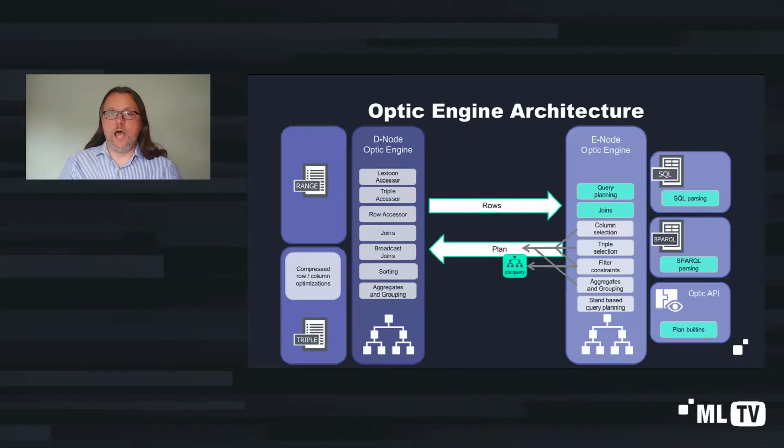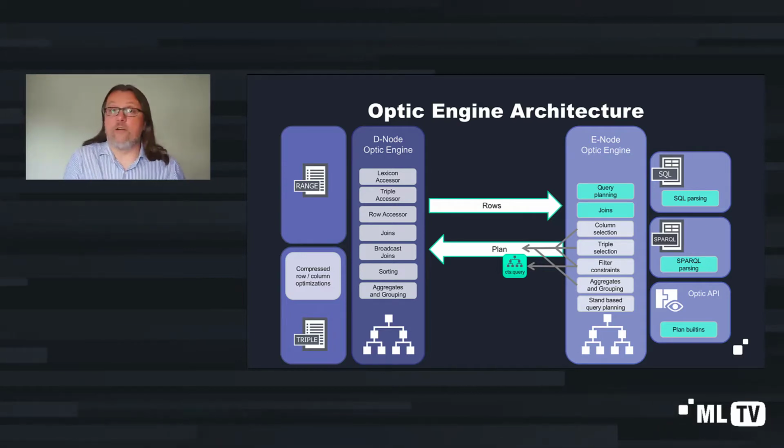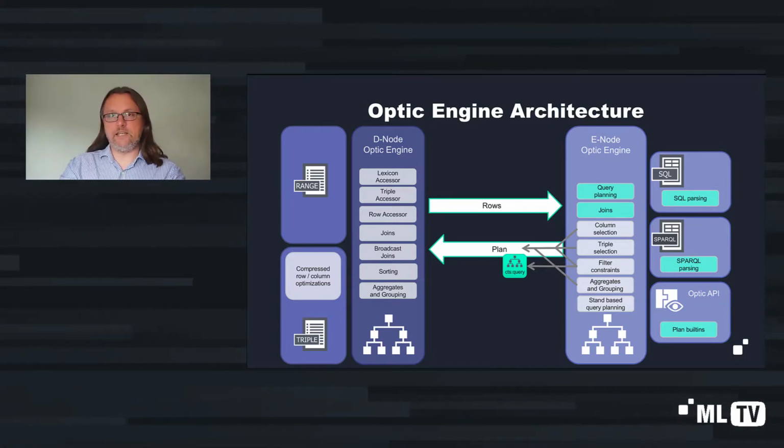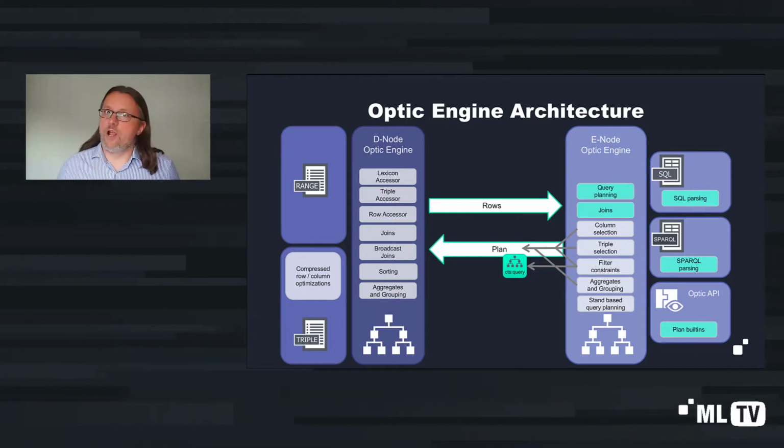First of all, to give you an overview of what the Optic Engine is. The Optic Engine is responsible for executing all SQL queries, all SPARQL queries, and any Optic API queries that get executed against MarkLogic. You can see in this architecture diagram, the languages are there on the right hand side.